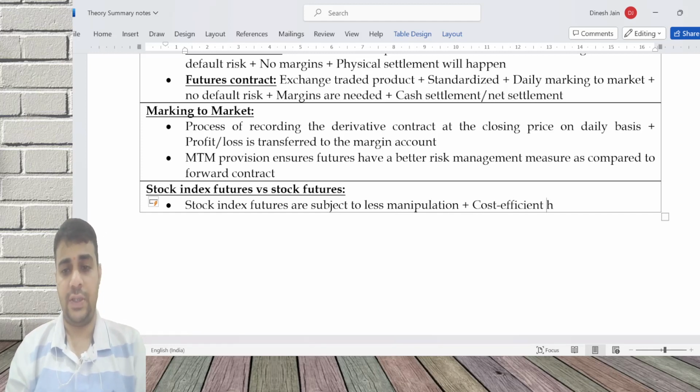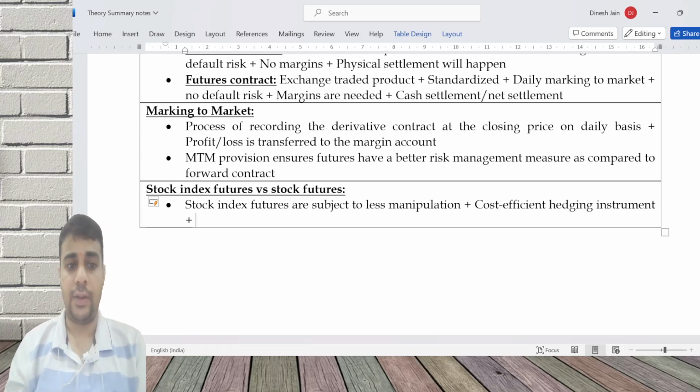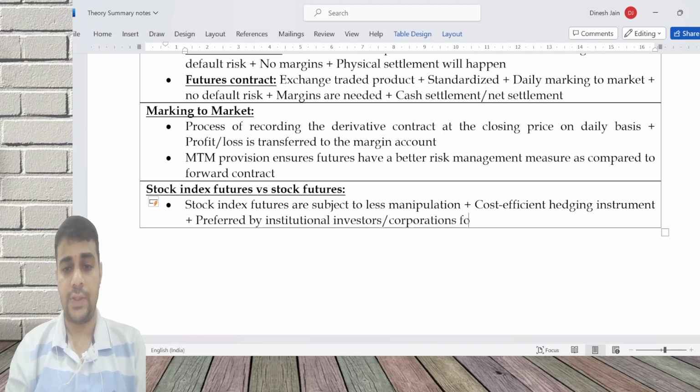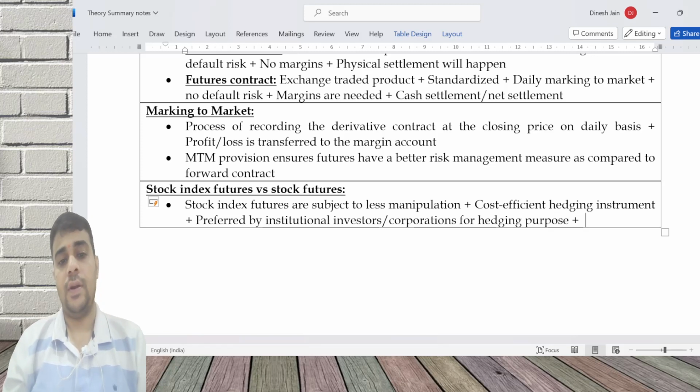They are a cost efficient hedging instrument, preferred by institutional investors and corporations for hedging purposes.